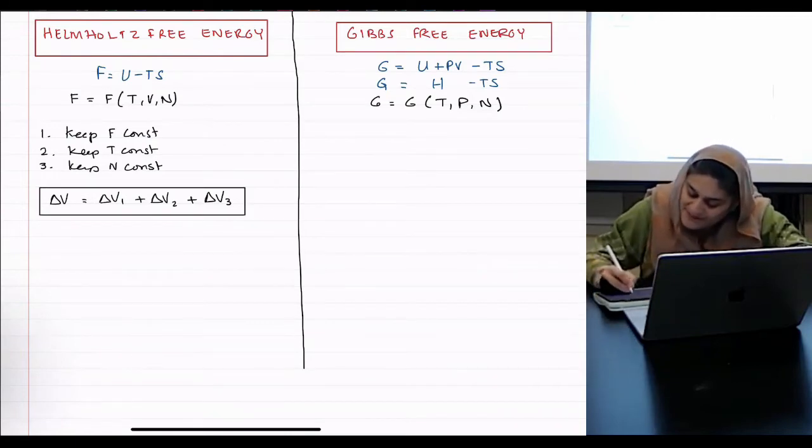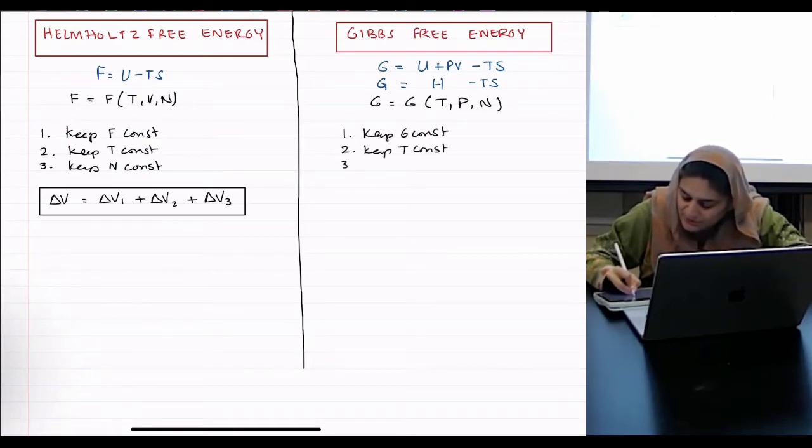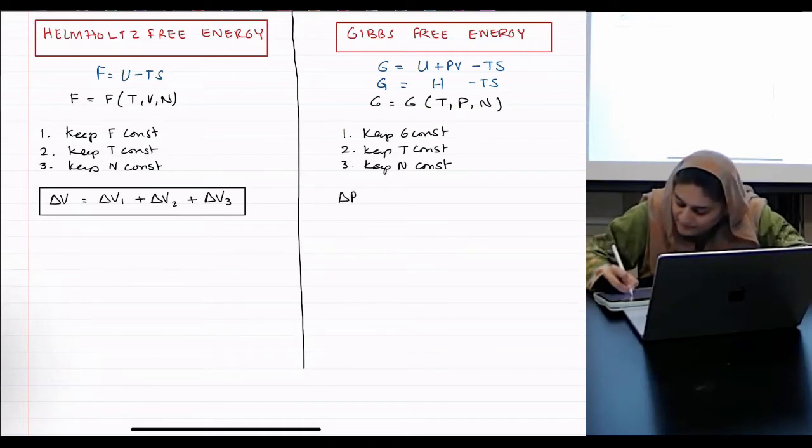Doing it on this side for the Gibbs free energy, what can I do? Keep G constant. Step 1, keep T constant. Step 2, keep N constant. Step 3. And in this case, may I write delta P total as delta P1 plus delta P2 plus delta P3?